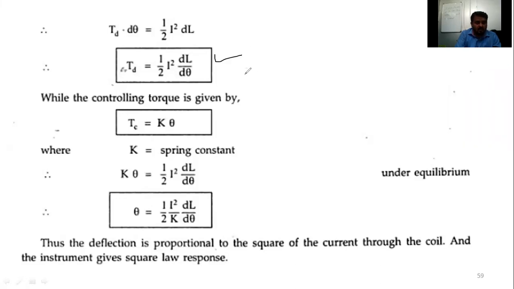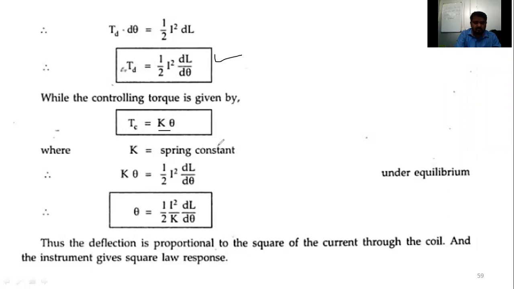We already know that the controlling torque equals K theta. We already know the formula from the start, when we discussed the controlling force. K is nothing but the spring constant.